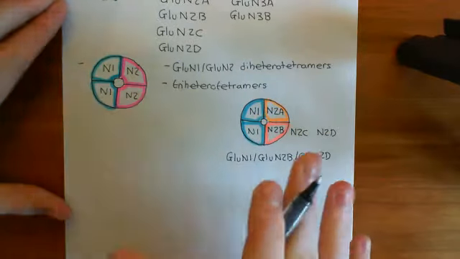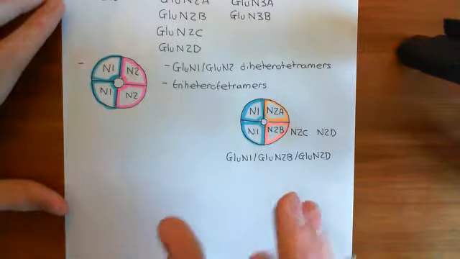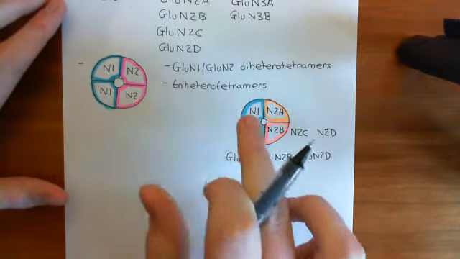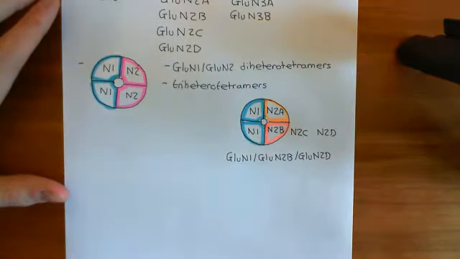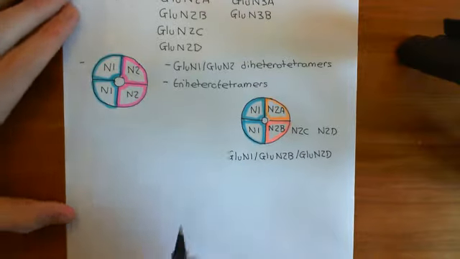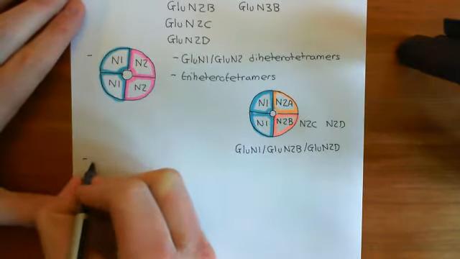Okay, right, so those are triheterotetramers, which again still consist of 2 GluN1 subunits and 2 GluN2 subunits. So we haven't seen an involvement yet of GluN3 subunits. Okay, so now that's about to change.